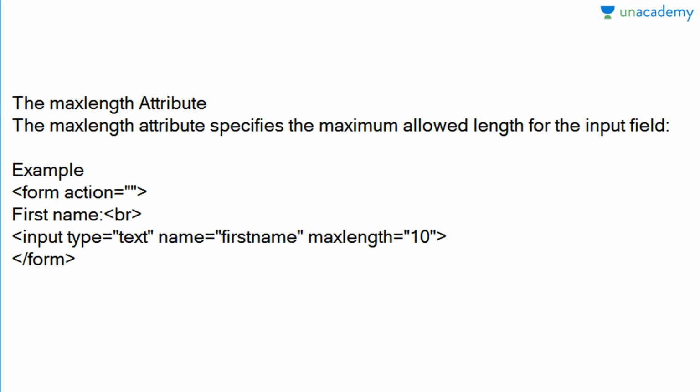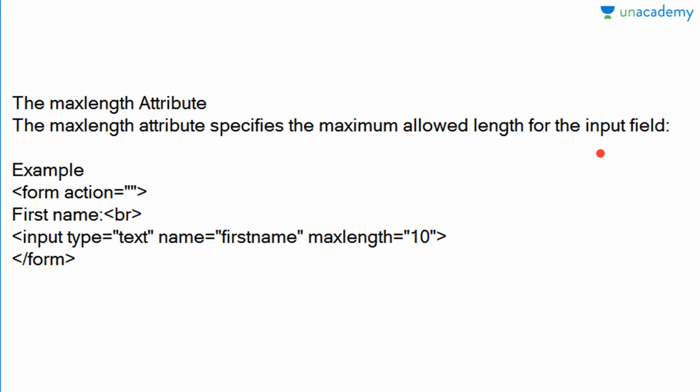Now let's read about the maxlength attribute. The maxlength attribute specifies the maximum allowed length for the input field. Like you have written a first name, if you want to specify that the first name should contain only 10 characters, you can specify that also, and only 10 characters will be accepted from the user. How to do that?